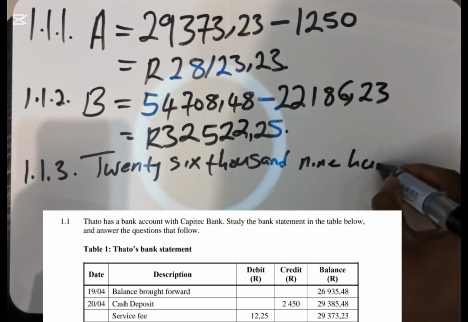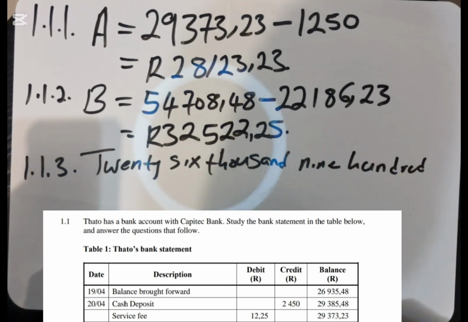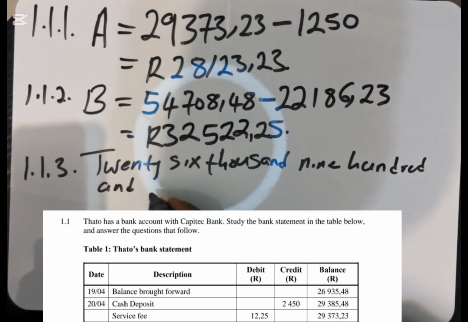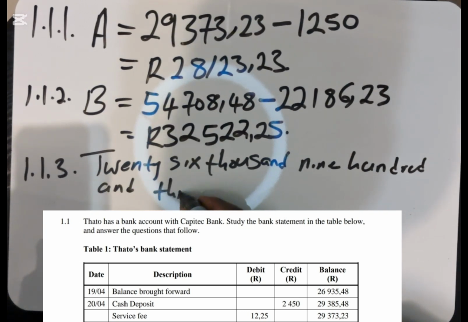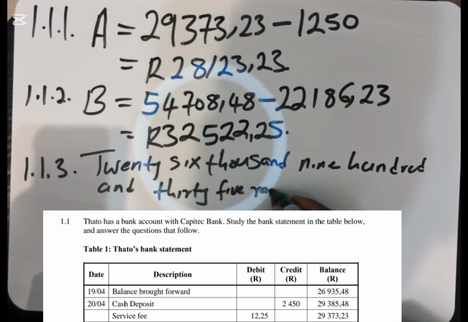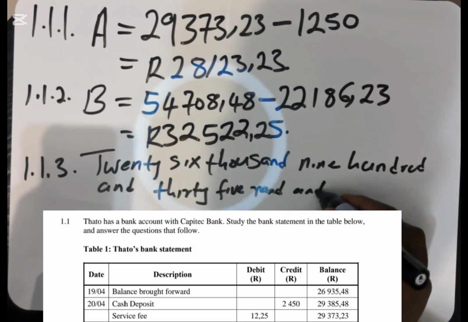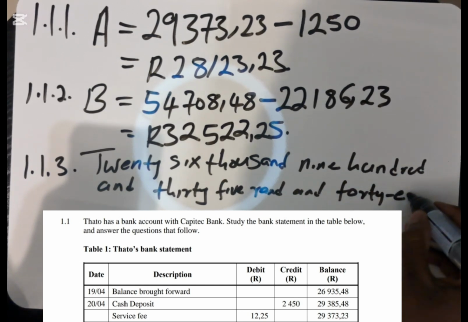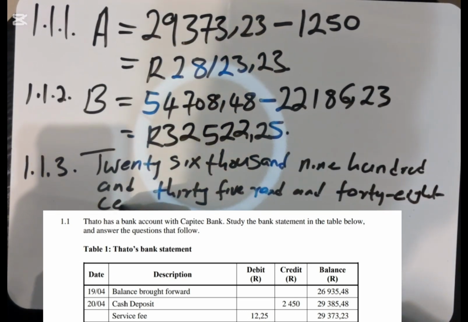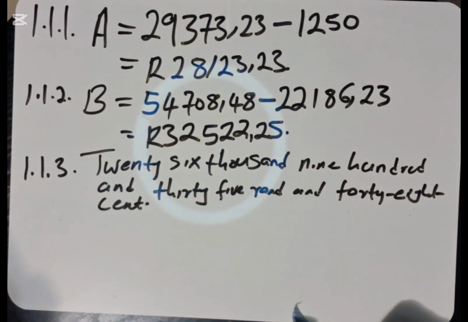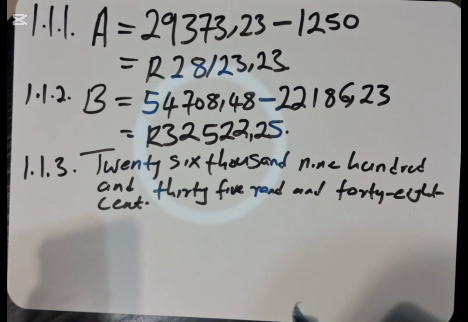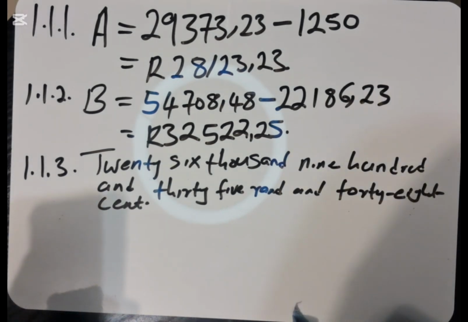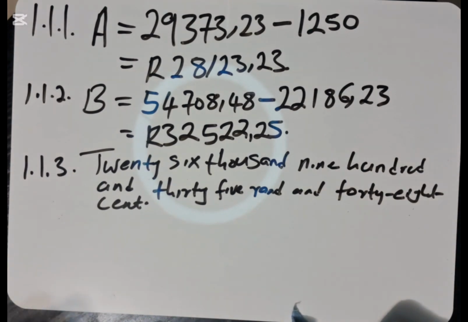So this is how we write that amount. We are saying that it is twenty-six thousand nine hundred and thirty-five rands and forty-eight cents.